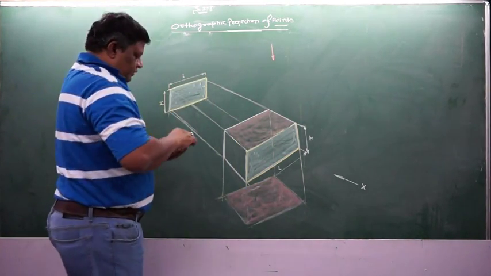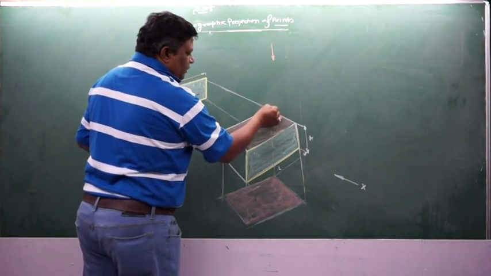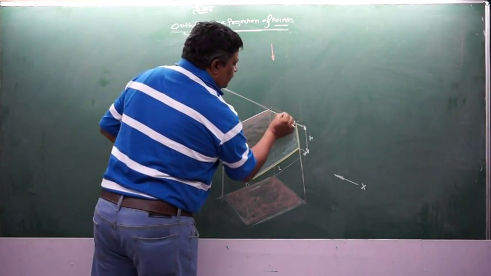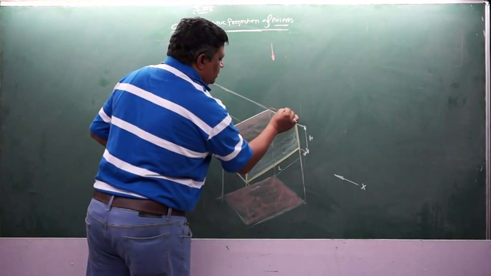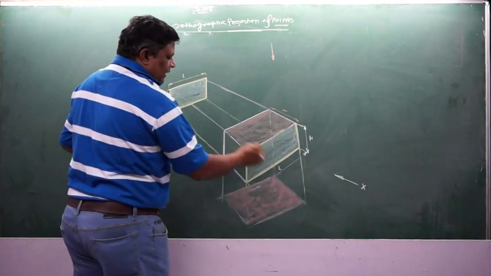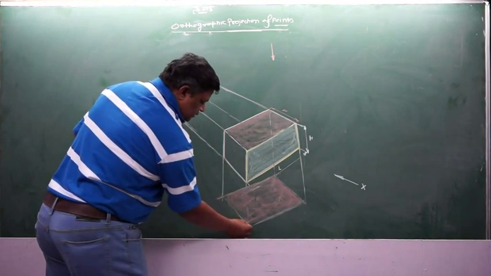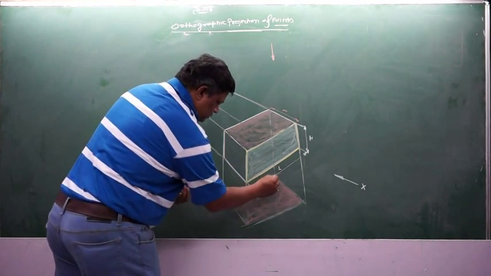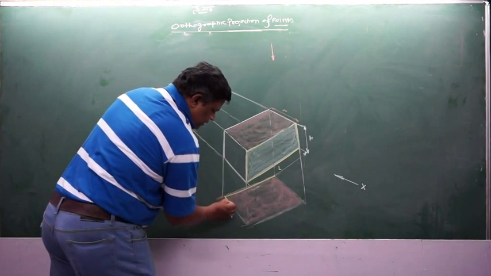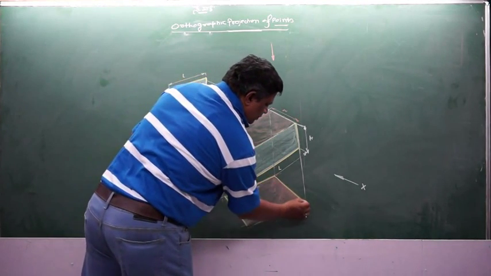So obviously when you are standing out here, then you will be able to see the width of it and again the length of it. That is the length and the width.